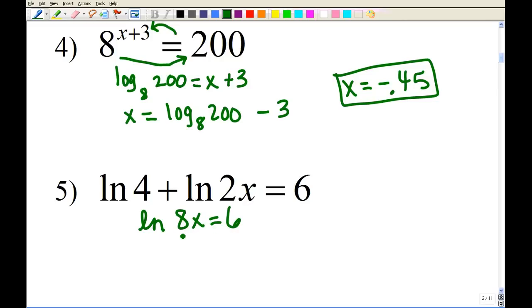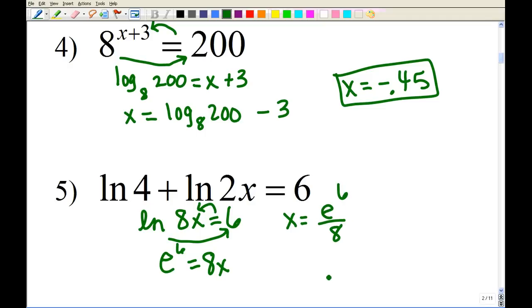Okay, when you get stuck, try switching the form. So this is log base e, so my base is e to the 6th. So e to the 6th equals 8x. So x will equal e to the 6th divided by 8.